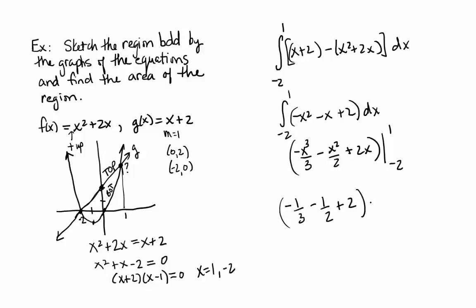Minus, plugging in the -2, we're going to have +8/3 minus 4/2, which is 2, minus 4. Okay, so getting out your handy dandy fraction key on your calculator: 4.5 or 9/2.